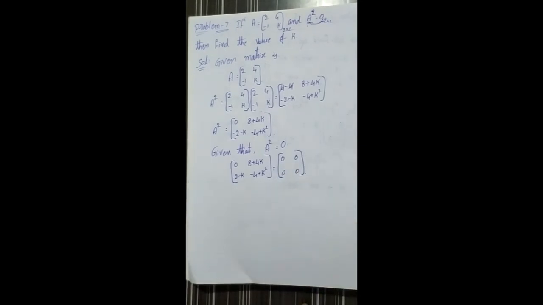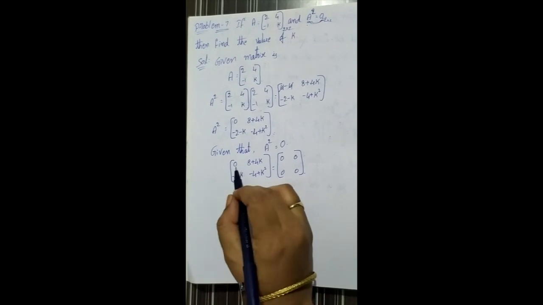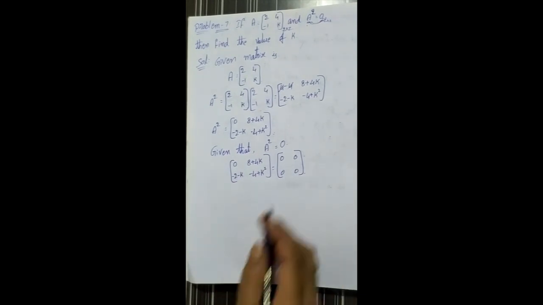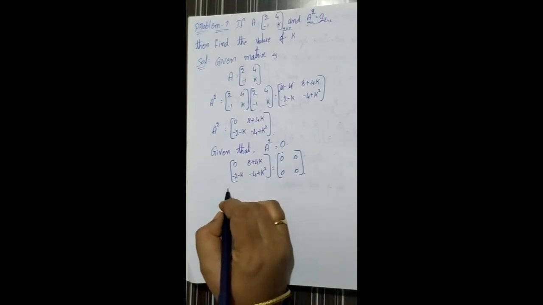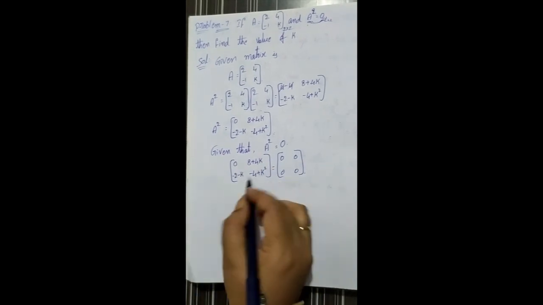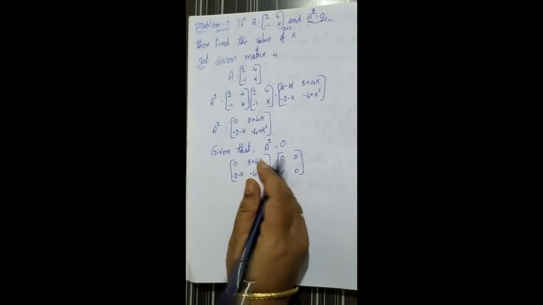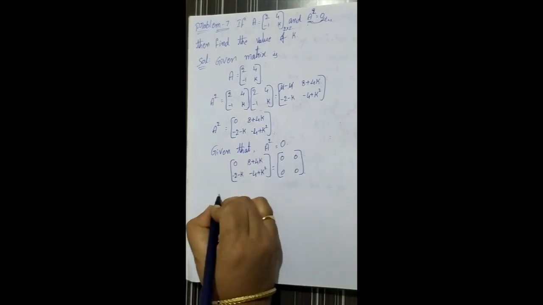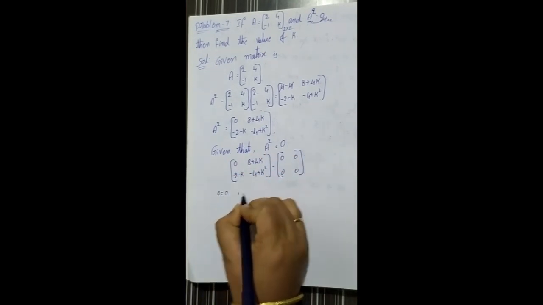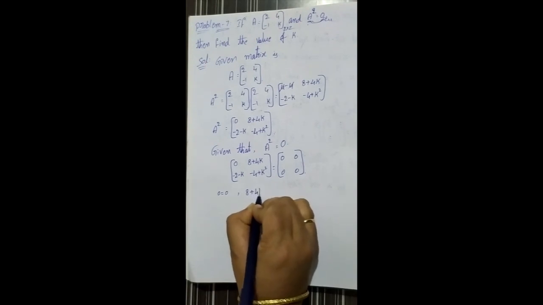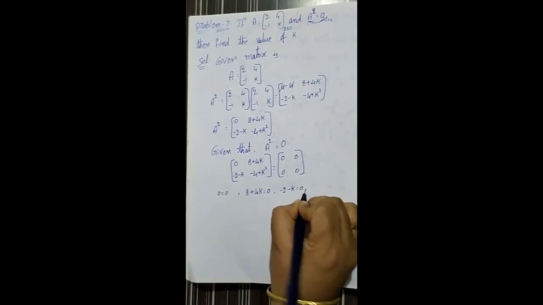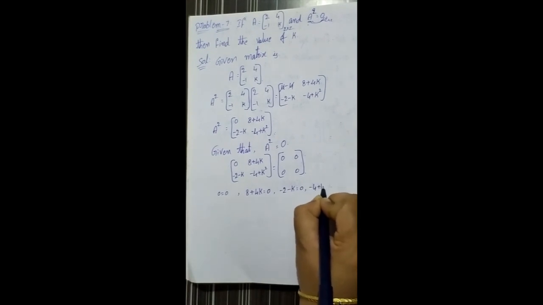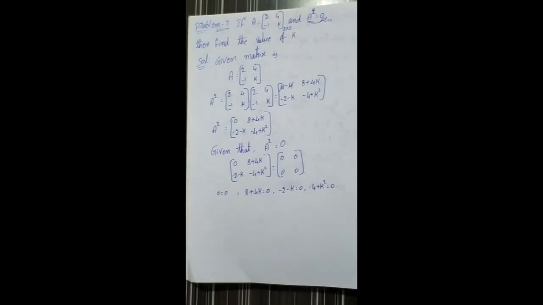We know one condition is that if two matrices are equal to each other, then their corresponding elements are equal. By using that condition, equate all the elements with corresponding elements, that is 0 equal to 0, 8 plus 4k equal to 0, minus 2 minus k equal to 0, and minus 4 plus k square equal to 0.